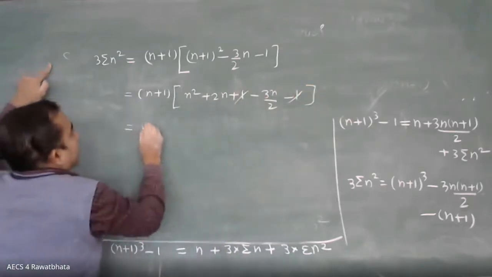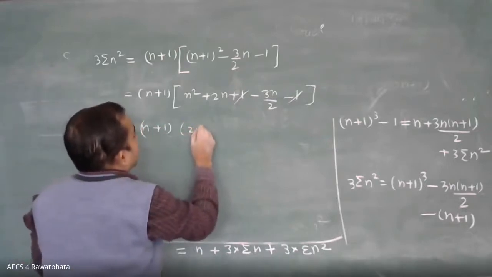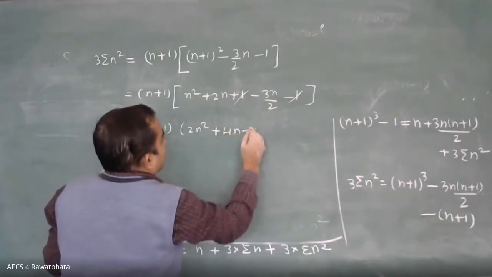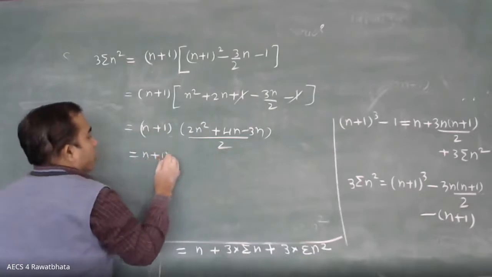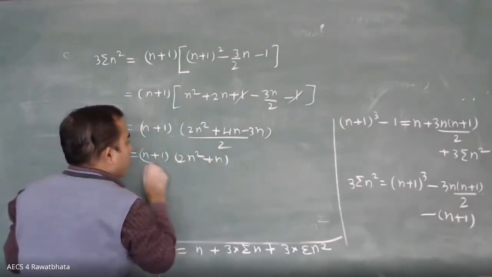And if I take LCM, it will become 2n square plus 4n minus 3n, whole by 2. And this is going to be n plus 1, 2n square plus n whole upon 2.